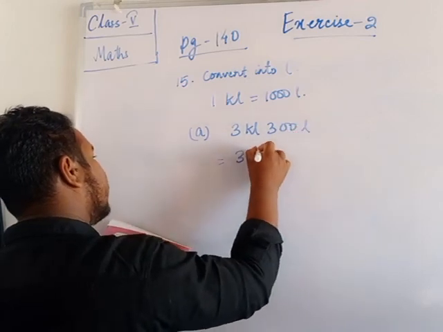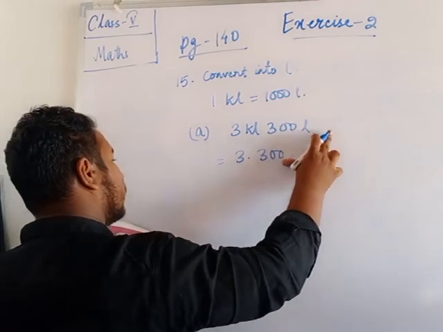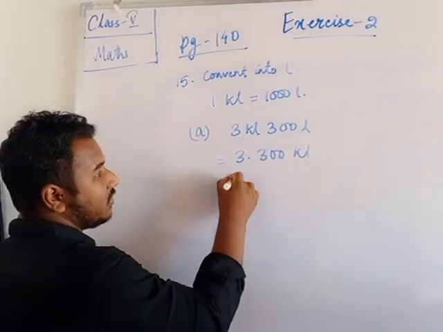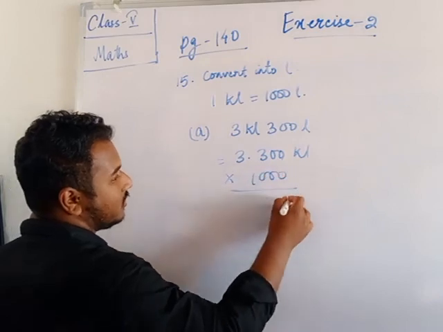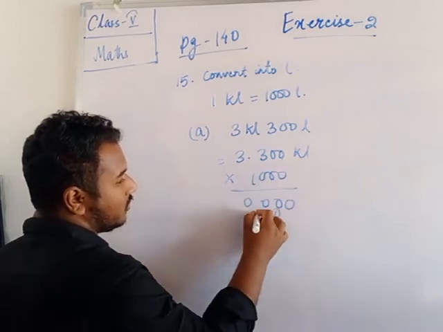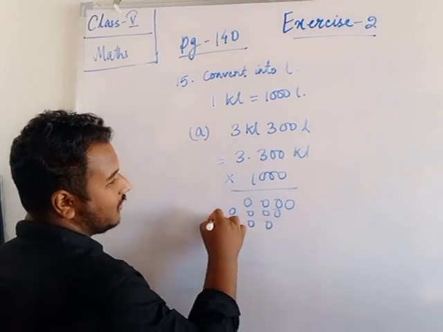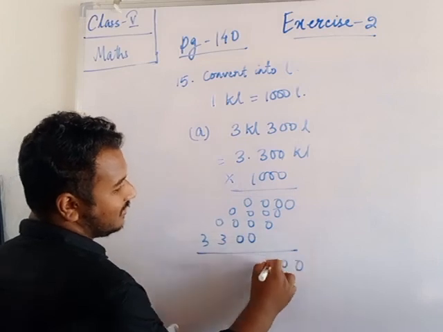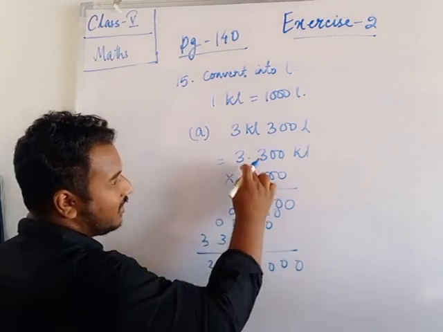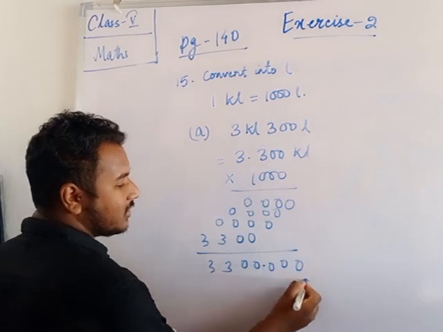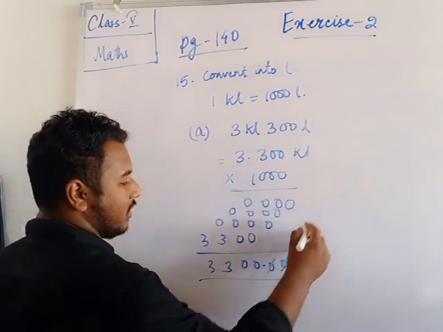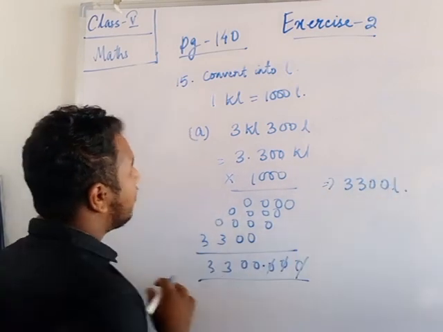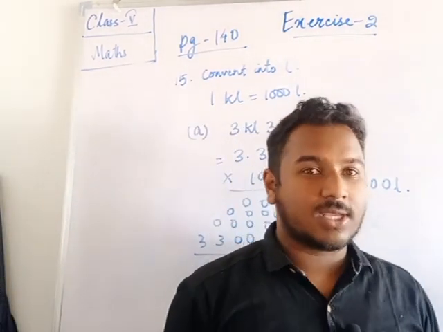You will write 3.300 kiloliter. Okay. Now simple. Multiply 1000. We'll get 0 0 0 0 0 0 0 0 0 0 0 0. Only zeros are there, na? 0 0 3 3. Multiplication 0 0 0 0 0 3 3. After point 3 digits, 1 2 3 digits. Point, cut 3 zeros. You will get 3300 liter. So with this we have completed the second exercise.